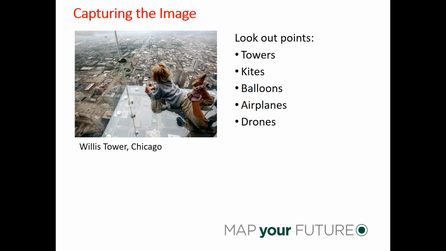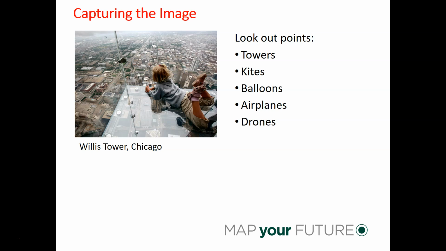How do we capture the image? Well, you would probably think about the airplane as the major source, and you're not wrong. That historically was the go-to instrument, i.e. a camera mounted to an airplane, but it's very expensive.